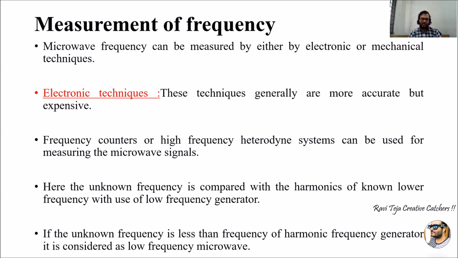This is how we determine whether it is a low frequency microwave or a high frequency microwave. If the unknown frequency is less than the frequency of the harmonic frequency generator, it is considered as low frequency microwave.